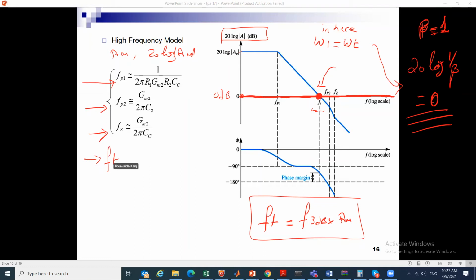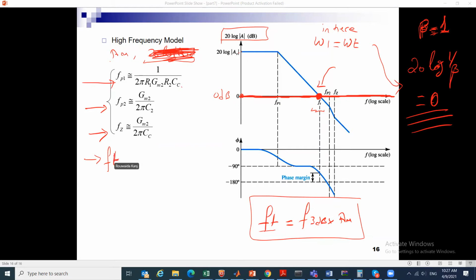You know Am from the transfer function, so you can multiply Am by the 3 dB frequency and you can get the ft.